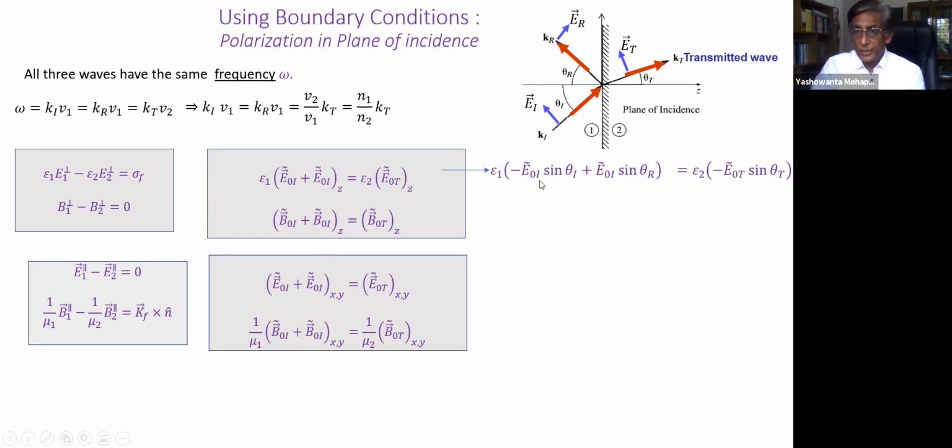So this relationship is now UI sine theta I, UR sine theta R must be equal to epsilon 2 minus EOT sine theta T. That's the boundary condition that is satisfied. From this boundary condition there is no contribution since magnetic fields have no Z components, because it is a transverse wave.